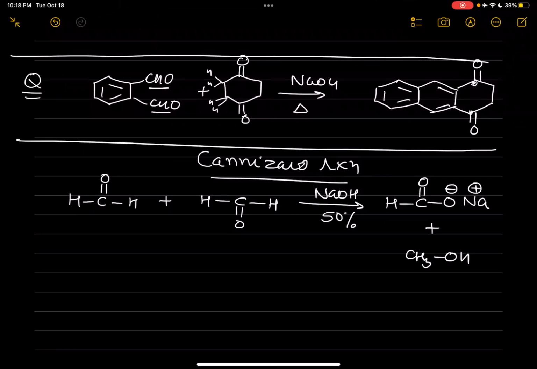So similarly, what's the mechanism of this? What is the mechanism of Cannizzaro reaction?